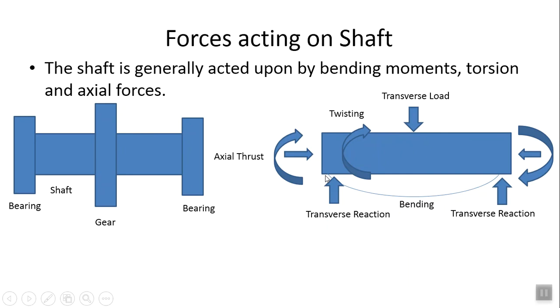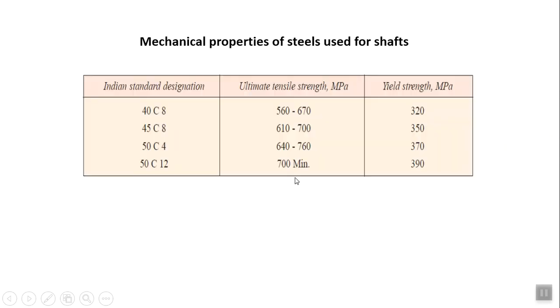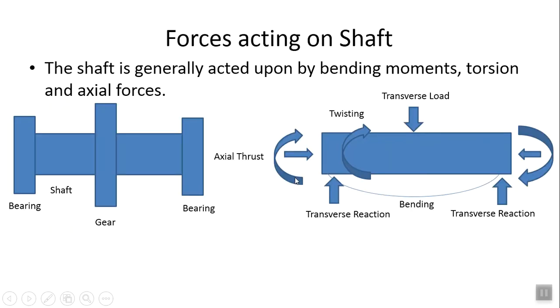Now in addition to this, the shaft is also rotating. Because of this rotation, there will be torsional forces. Now to oppose these torsional forces, there will be other torsional forces given by the bearings. So these are balancing forces or reactions given by the bearings.